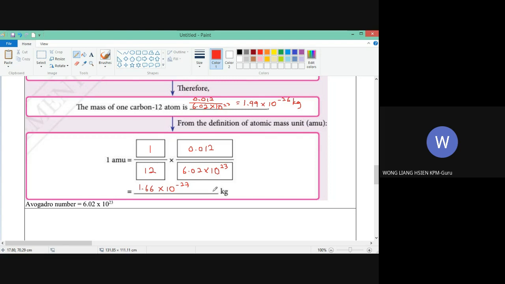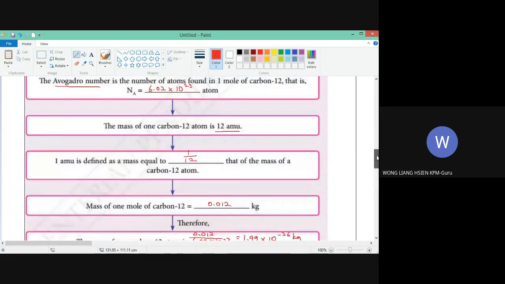Okay, so this is actually just division. Actually, all of these you should learn.